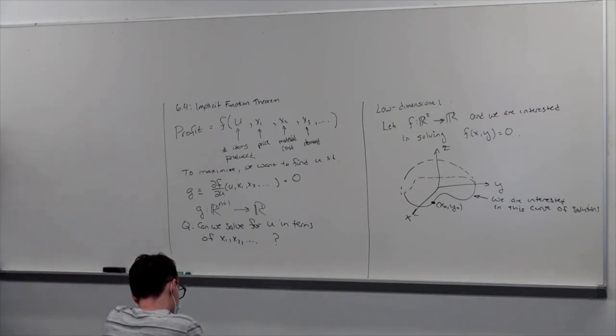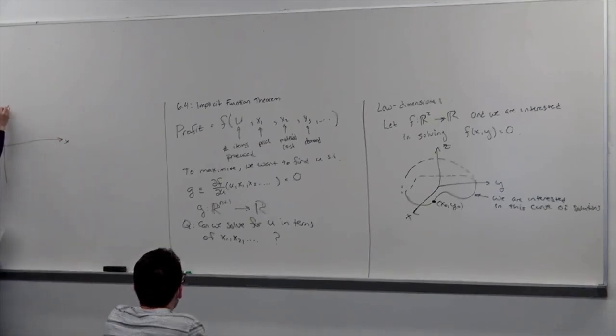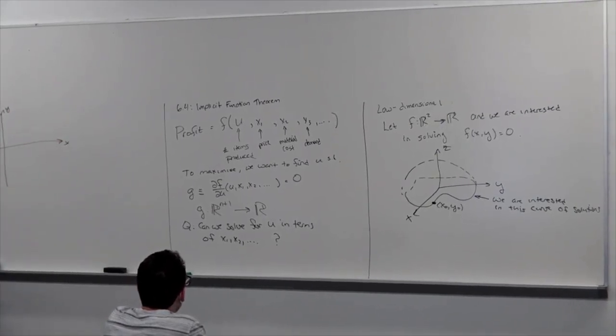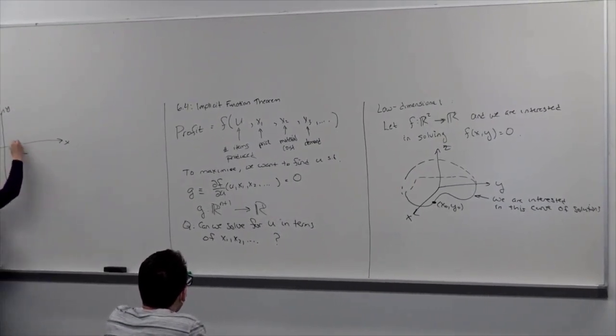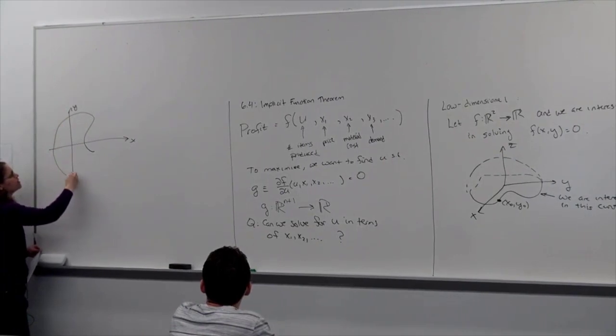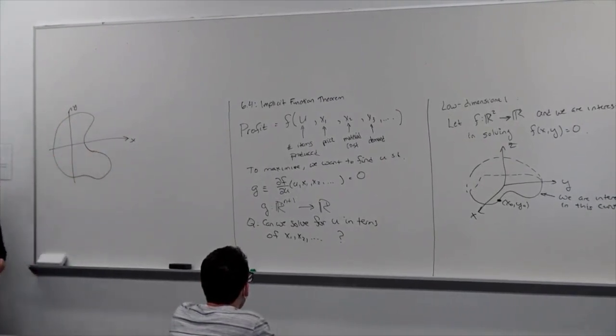All right, so let's move from our 3D graph to our 2D graph. Okay, so I'm going to just take the points on that curve and plot them. And again, apologize that this may not look very much like the 0 level set of that, but you get the idea.